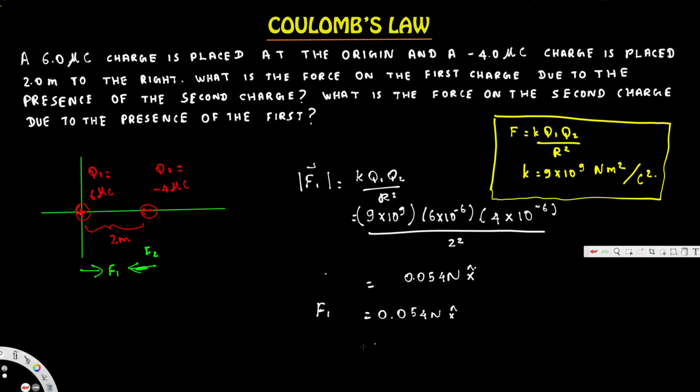F2 is going to be the same magnitude, since we are dealing with the same charges and the same distance, but the direction is going to be negative, because you can see this F2 is traveling in this direction, so we are going to have 0.054 Newton, but in the negative x direction.